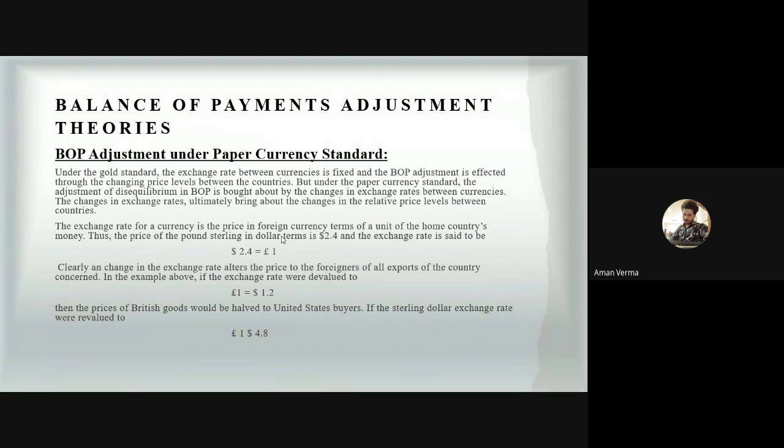In the example above, if the exchange rate were devalued to £1 equal to $1.2, then the price of British goods would be halved to United States buyers. If the sterling dollar exchange rate were revalued to £1 equal to $4.8, all British prices would have doubled for United States buyers.